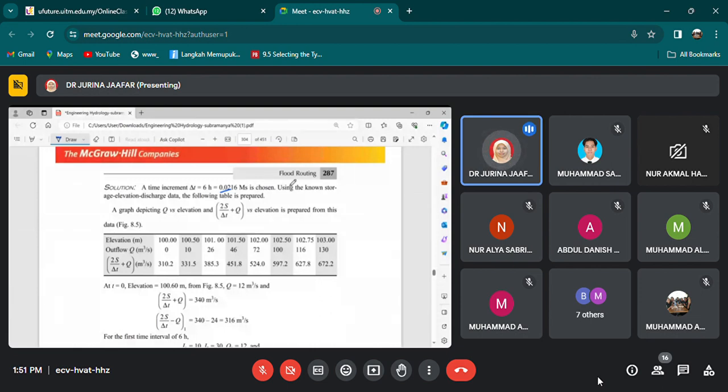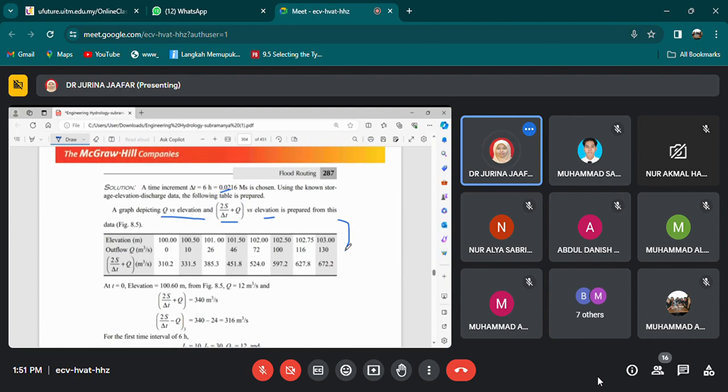Then dia kata using the known storage elevation discharge data, the following table is prepared. Okay, so a graph Q versus elevation and 2S over delta T plus Q versus elevation is prepared from this data.